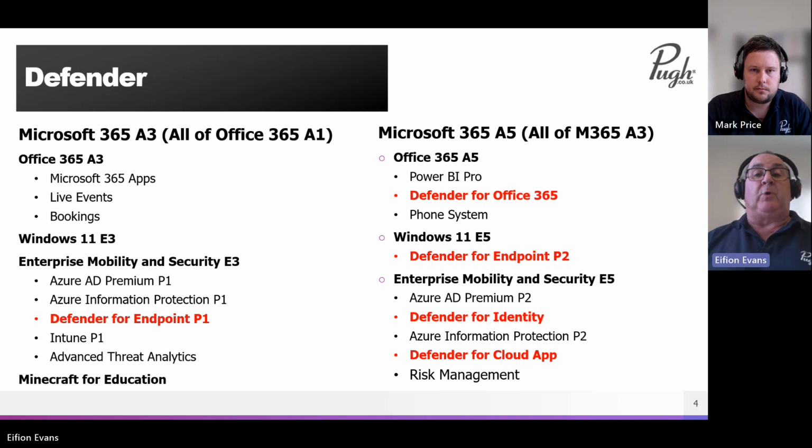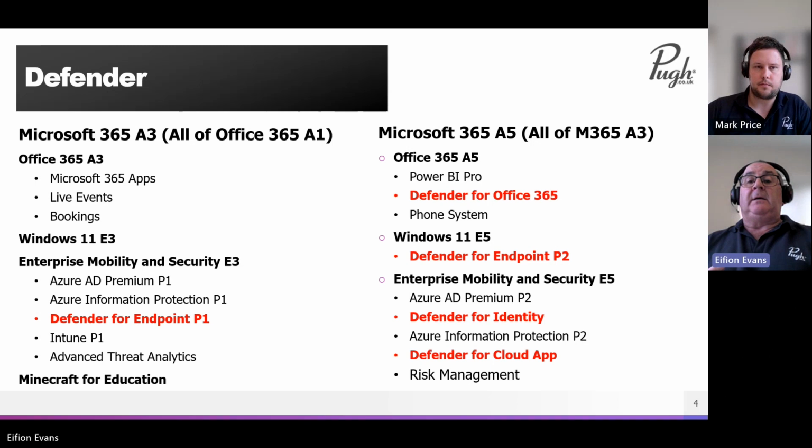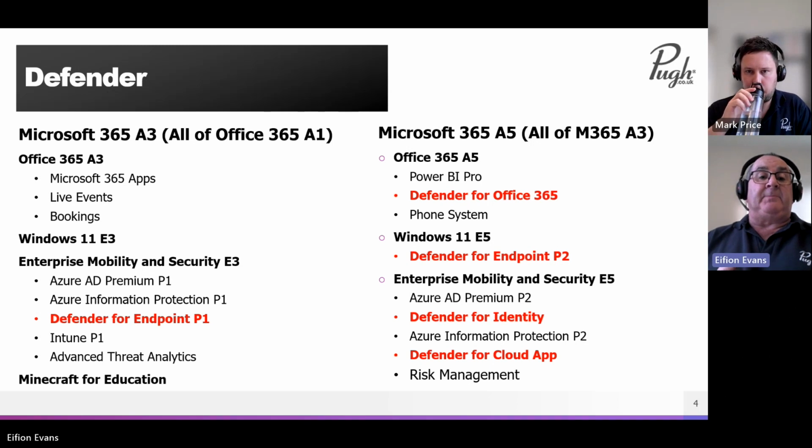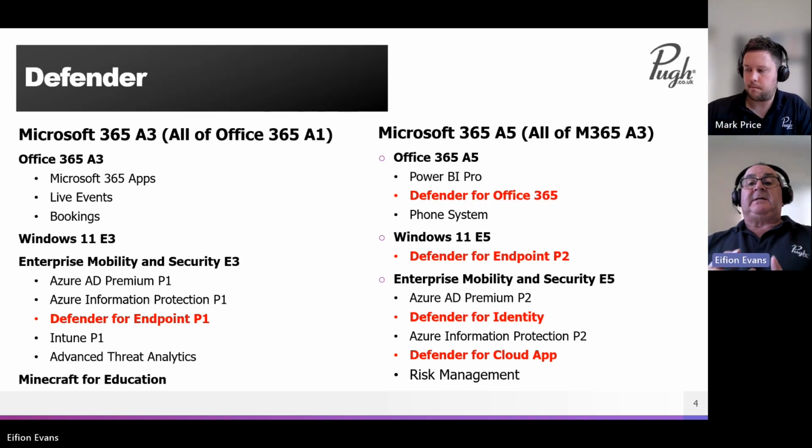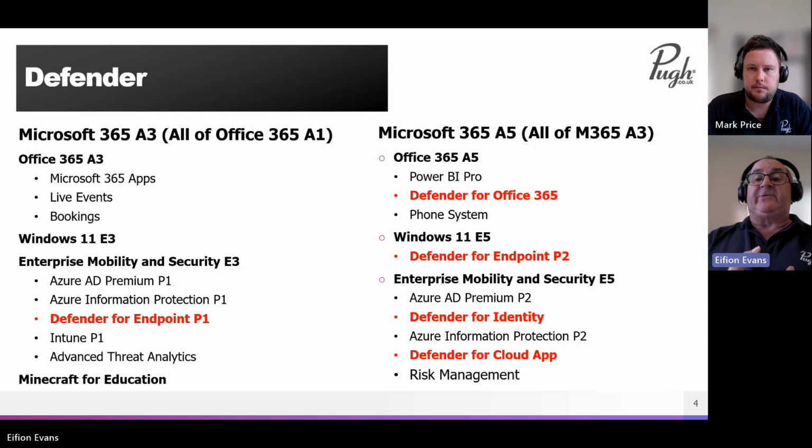So does A1, to be honest. And this is email anti-spam and anti-malware for your email. And then you have Defender for Endpoint P1. This gives modern antivirus for your users with functionality such as zero-day threat protection and anti-ransomware.